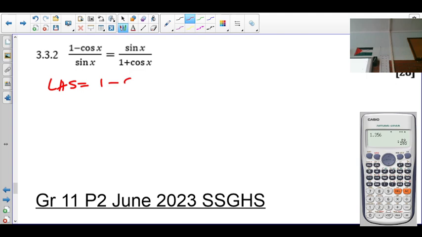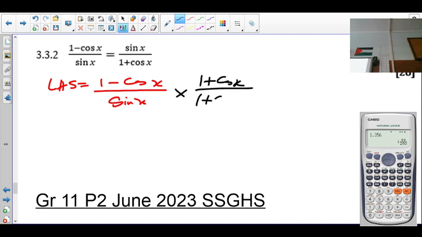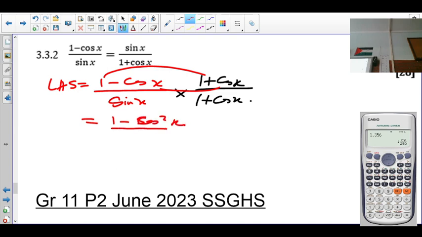Or I can take the conjugate pair and multiply by the conjugate pair of the numerator, so it's 1 plus cos x over 1 plus cos x. So you multiply the first and the last, that then gives me 1 minus cos squared x over sin x into 1 plus cos x.